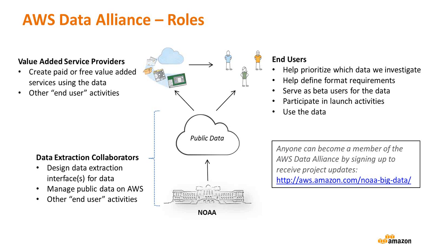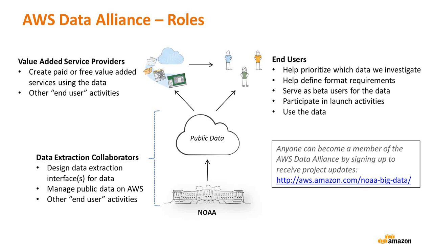Now, in addition to end users, we have, as I said, a really robust set of partners in our ecosystem. And those partners often rely on open data to create paid or free services. We want to engage value-added service providers to use the data that we make available via the NOAA Big Data Project.